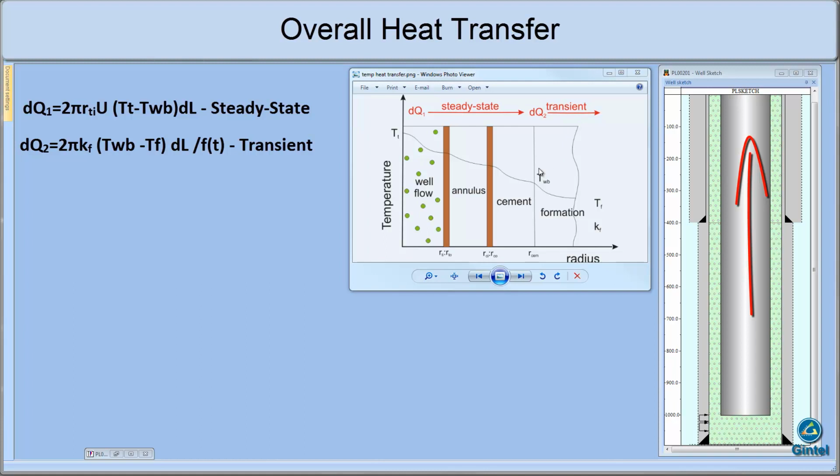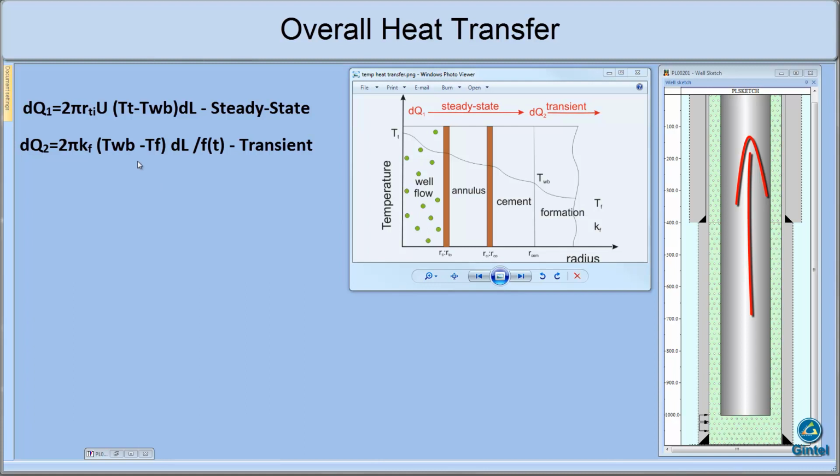Transient heat transfer delta Q2 occurs from wellbore to formation. It is expressed as 2 pi multiplied by Kf, which is formation thermal conductivity, times delta T, which is the difference between wellbore and the formation temperature, and divided by Ft.